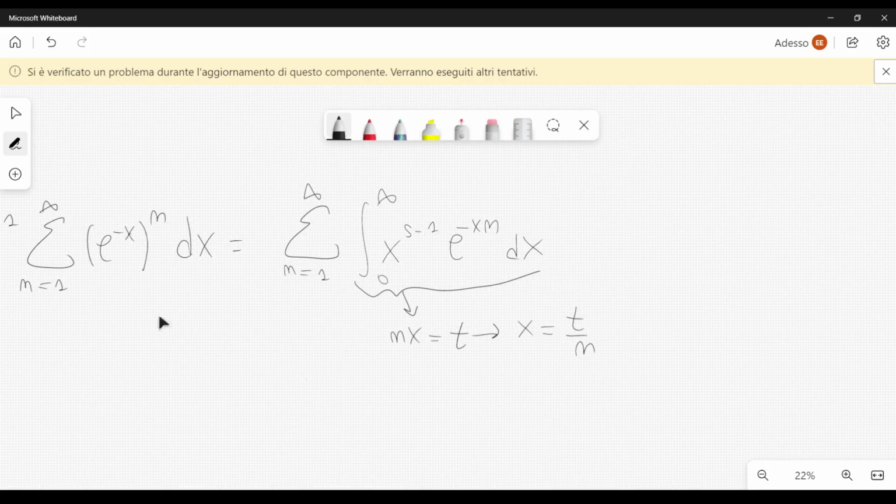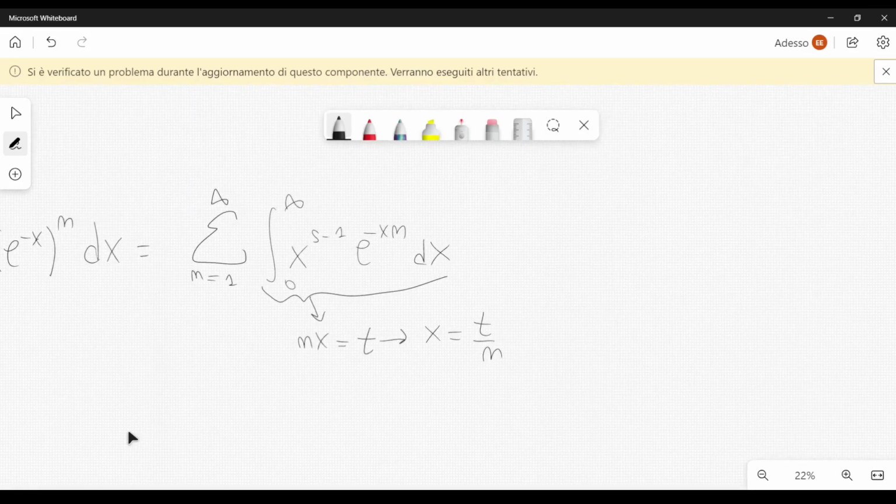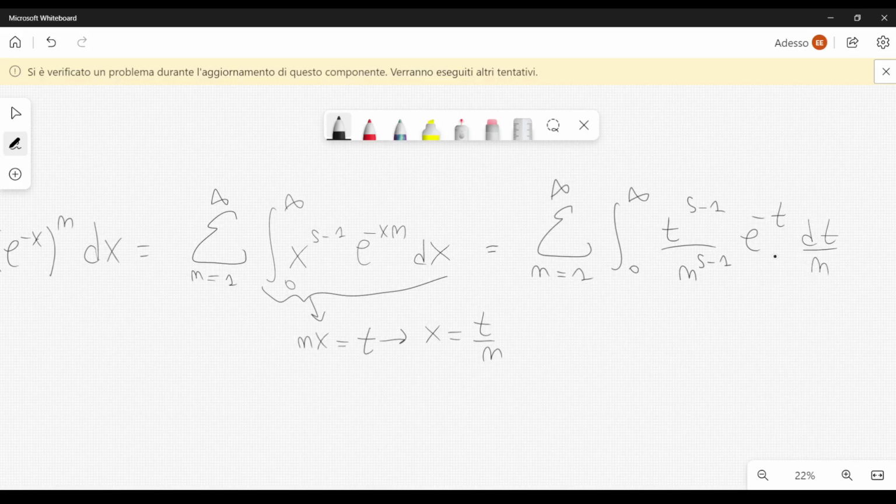Okay, and therefore this will be equal to summation from 1 to infinity, and then we have integral from 0 to infinity t to the power s minus 1 divided by n to the power s minus 1. Then we get e to the minus t, and then we get dt over n.